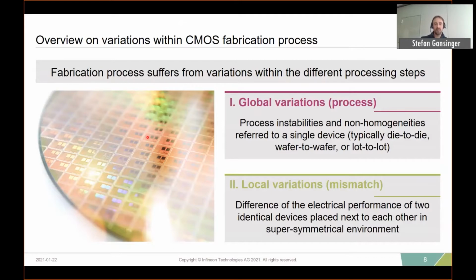But you will see, due to local variations or fluctuations, the device parameters will not be the same, and they will have a mismatch. This is why the local variations are also called mismatch. But let's start with the global variations.